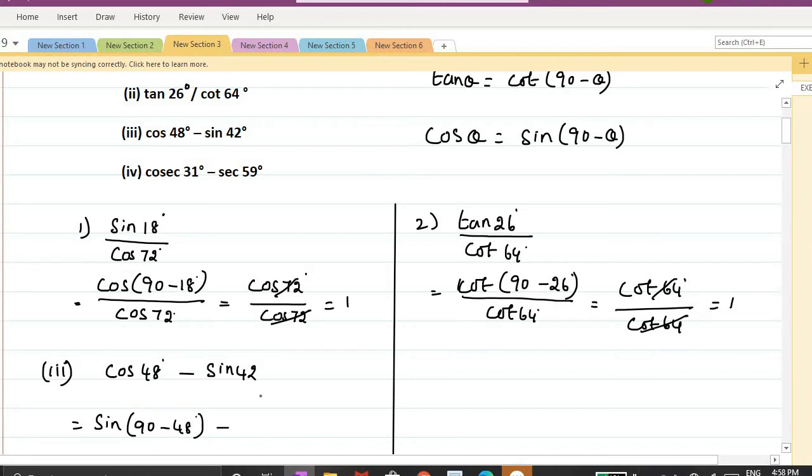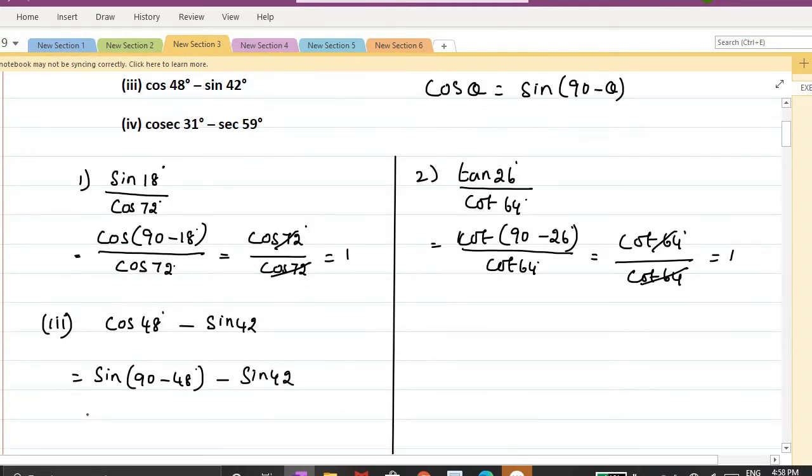The second trigonometric ratio I didn't change anything, so as it is I am writing sin 42. This is equal to sin 90 minus 48, 42. Here minus sin 42 is there. If I cancel, I will get 0.